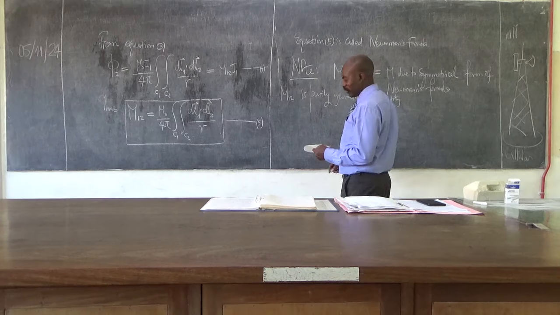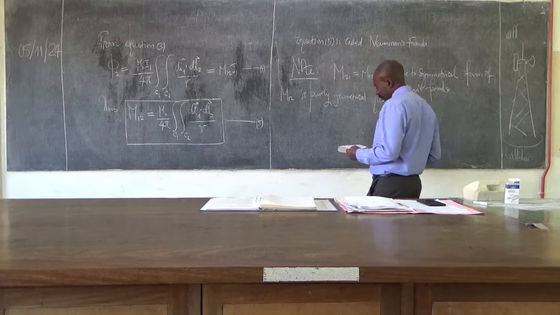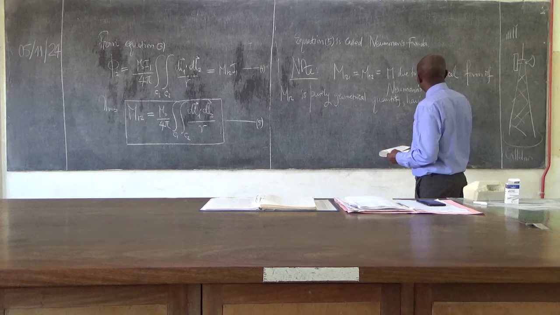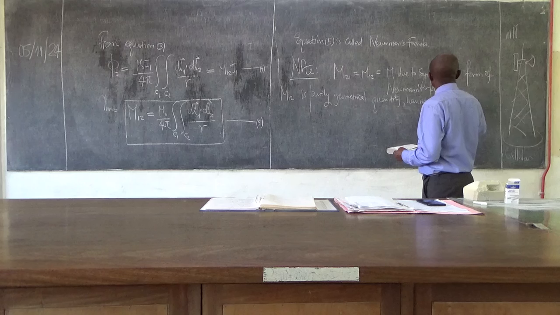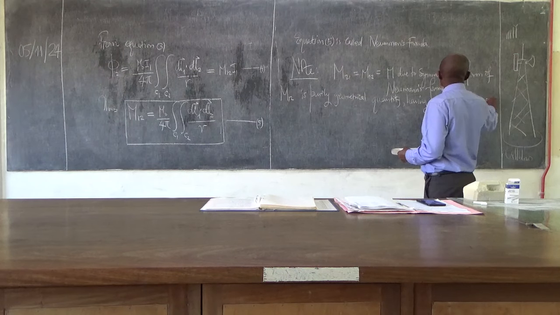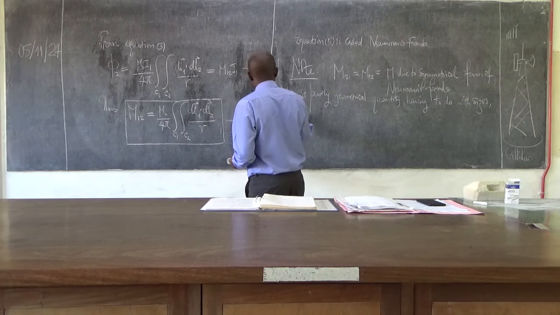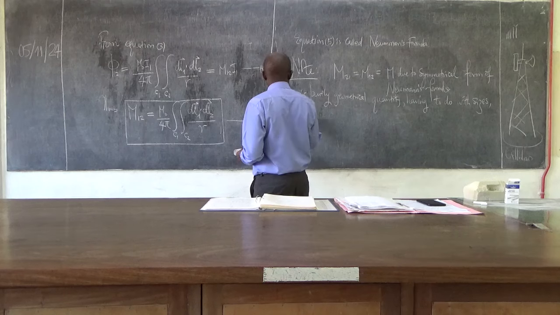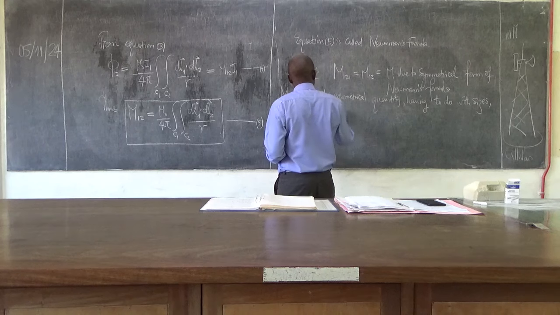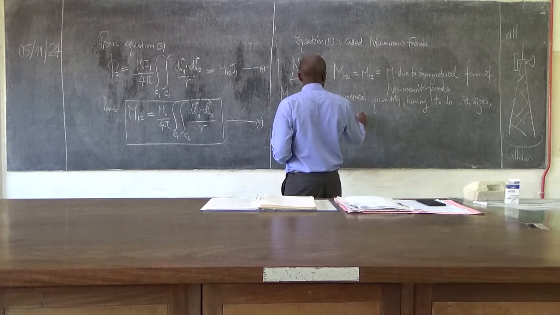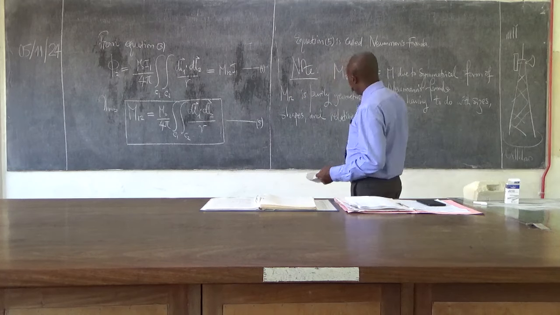It all depends on the geometry, having to do with sizes, shapes, and relative positions of the two loops.